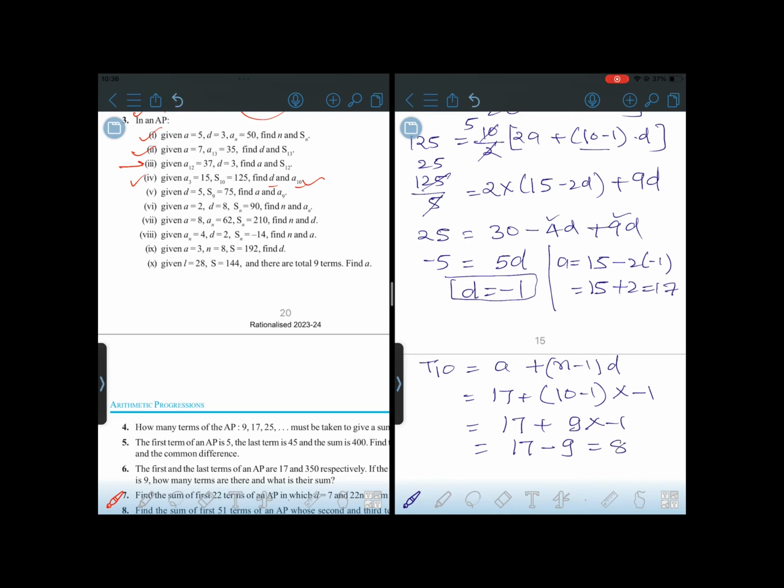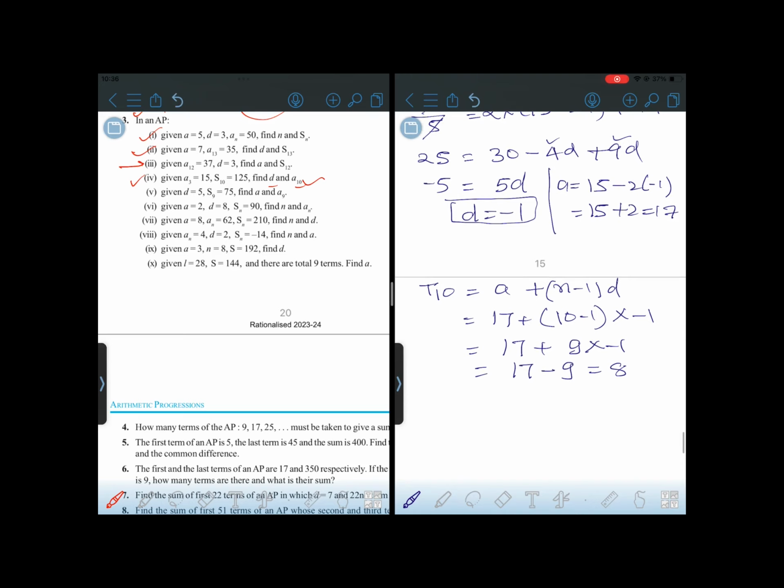Because this is minus 1, so when you multiply with 9, this is minus 9. So we got the t of 10 as 8, right? So this is how we have found out the value of common difference and the 10th term.